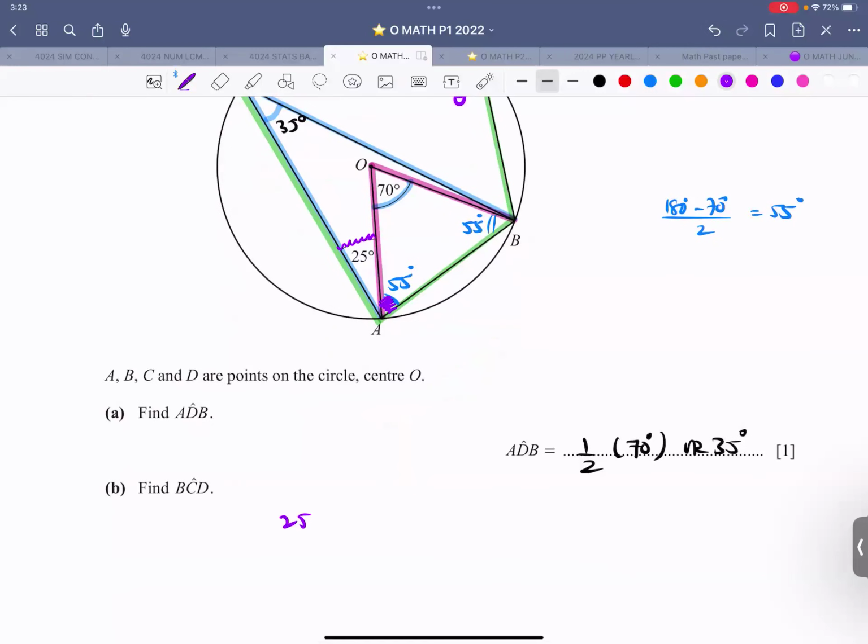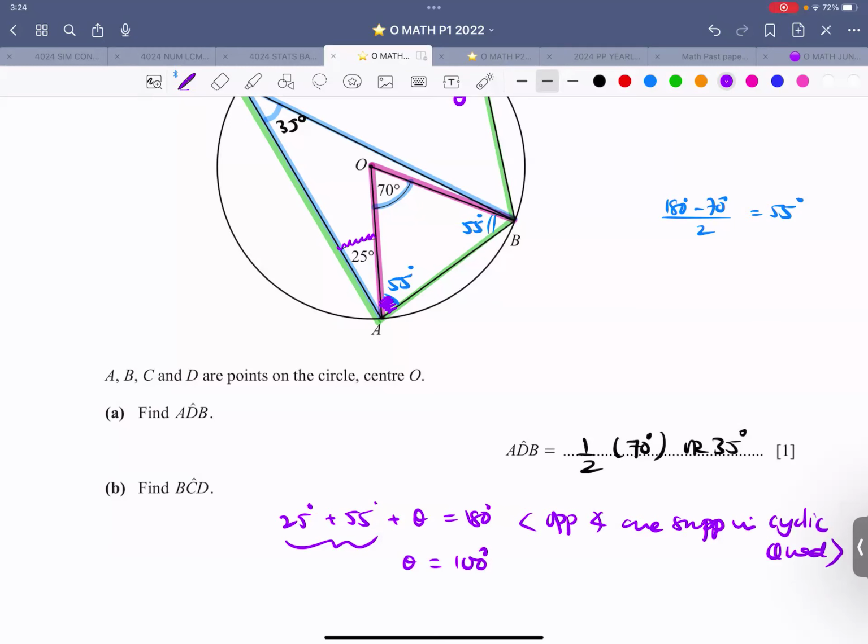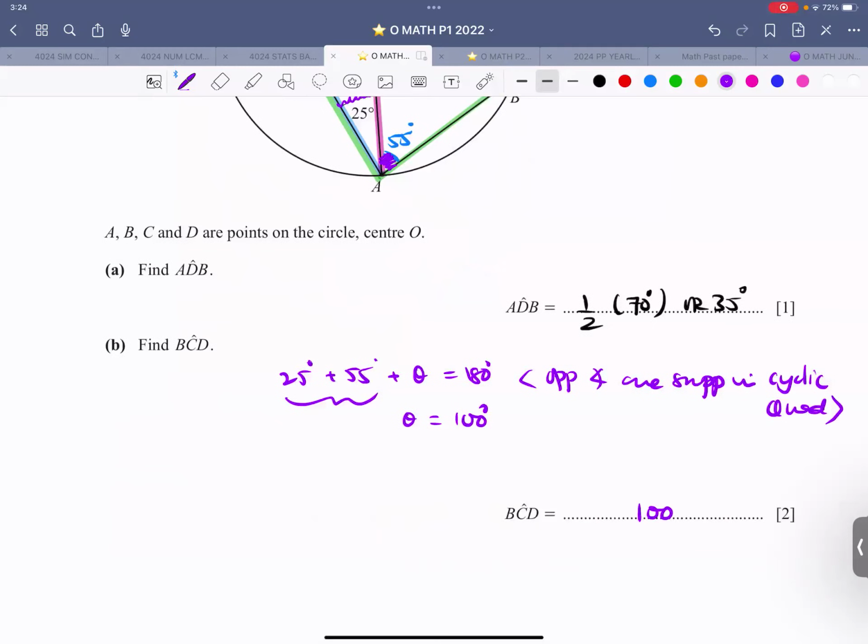So 25 plus 55 plus theta equals 180 degrees. Opposite angles are supplementary in a cyclic quadrilateral. So therefore 25 and this thing, that is 80. Therefore theta is 100 degrees. How many marks? 2 marks. So this is 100 degrees. Necessarily you have to show the steps.